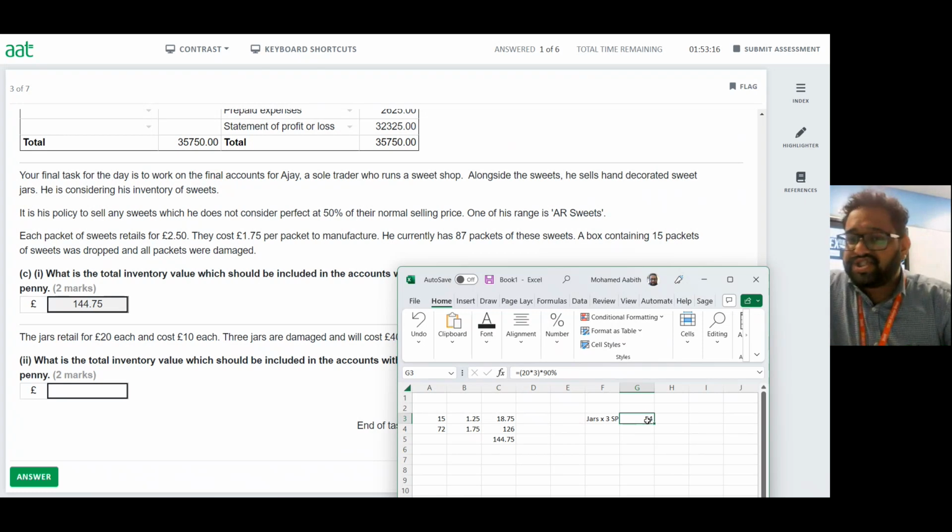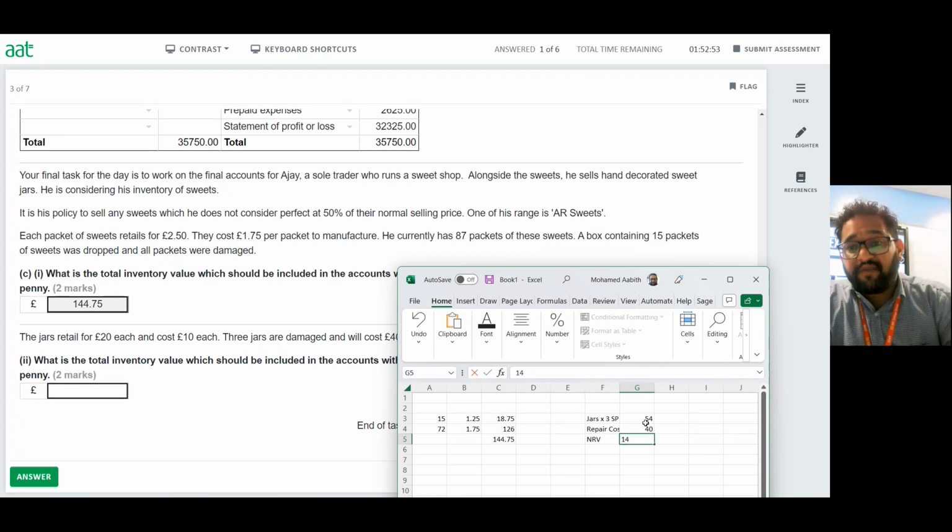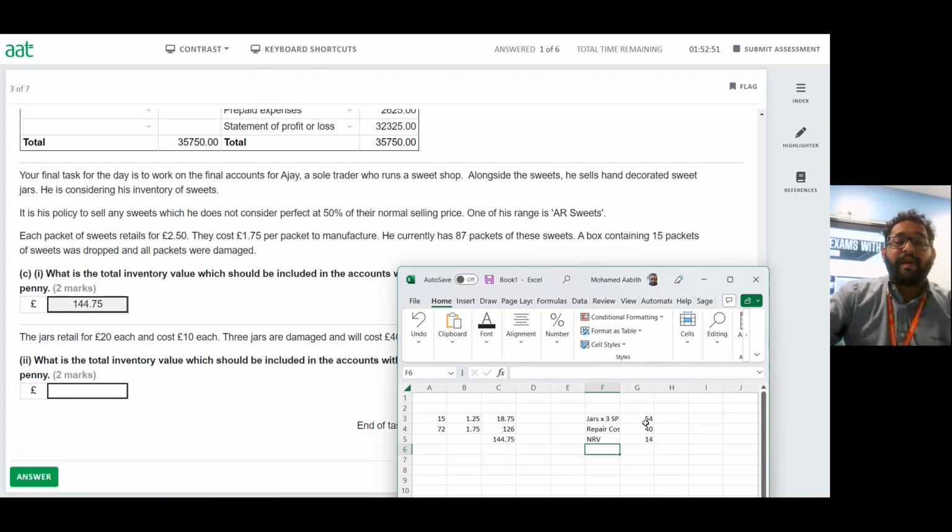But to sell those jars at that price, you have to spend the repair cost, which I said is £40. So my net realizable value of these jars is, at the moment, the difference between those two, £14.